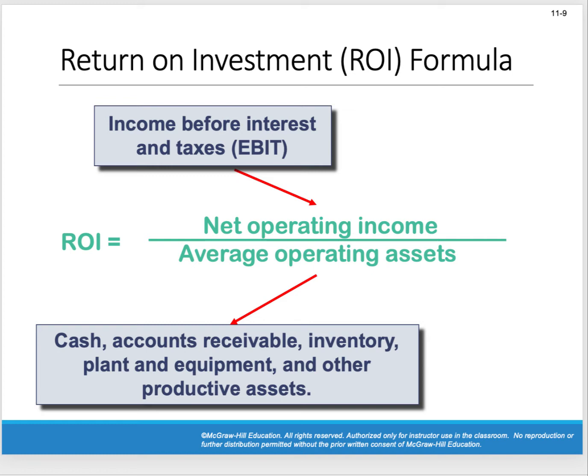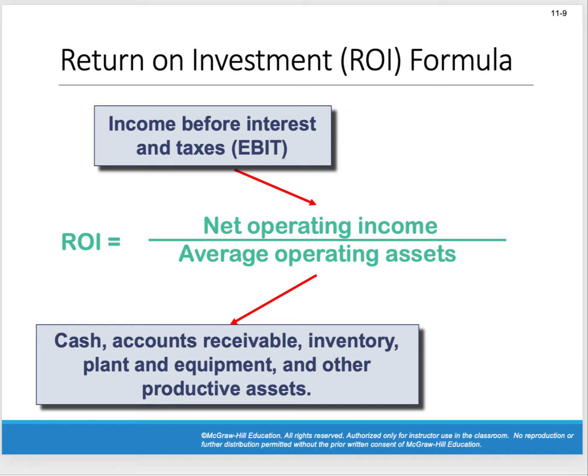Not net income, net operating income. And to calculate net operating income, what we're looking for is our income before we subtract any interest and before we subtract out our taxes, okay? So we call that EBIT, earnings before interest and taxes. That's our net operating income, okay?